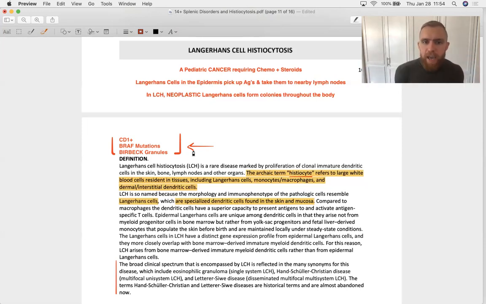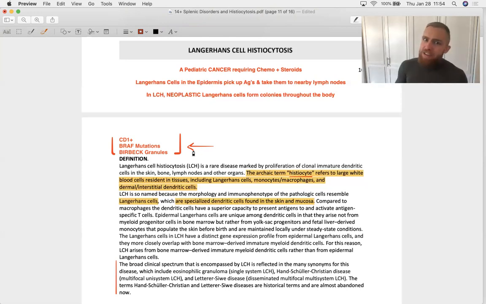In LCH, there's a clonal proliferation of these Langerhans cells. So it's essentially a cancer of the Langerhans cell. And they're non-functional. They can't do their job in LCH. So instead of grabbing an antigen and taking it to a lymph node, they just kind of sit around like, you know, the old stereotype, the cop just sitting in his car eating a donut with his coffee and his 12-pack of donuts.